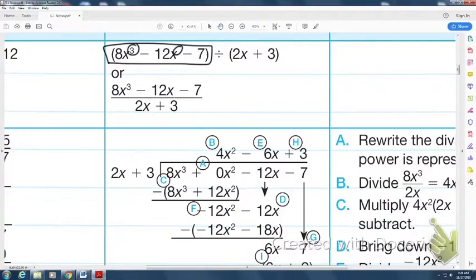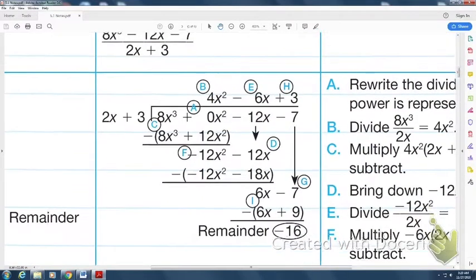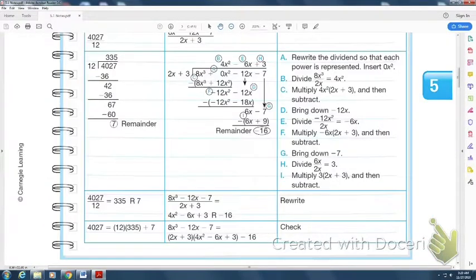Okay, so if I start off with a degree of 3, my next term has to be a degree of 2. And so if there is not originally 1, you will use 0 as a placeholder. Okay, so on that one it didn't have a degree of 2, so they put in plus 0x squared. That's one of the big differences between using long division for polynomials versus just numerical problems.